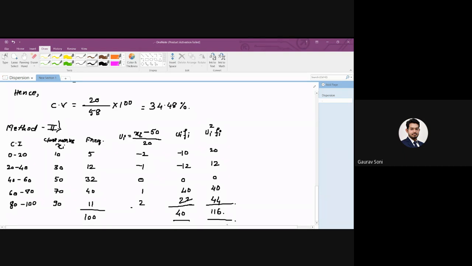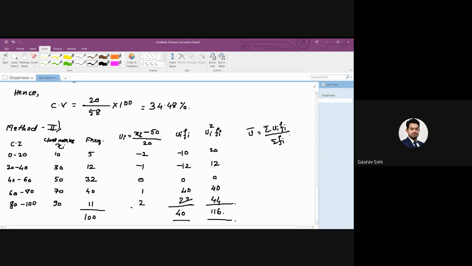So till now we are doing the calculation with ui's. I'm going to get u bar and the standard deviation for u, but remember that what we are looking at is the variation for the variable x. So first of all, what is our u bar? u bar is summation uifi upon summation fi.